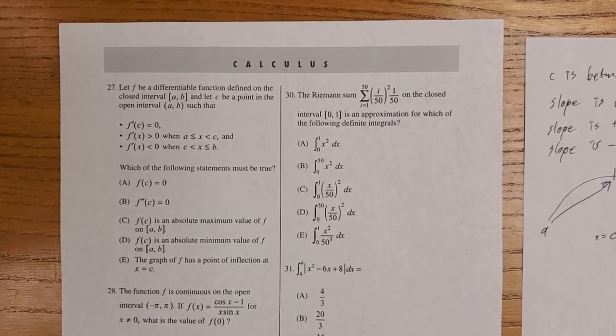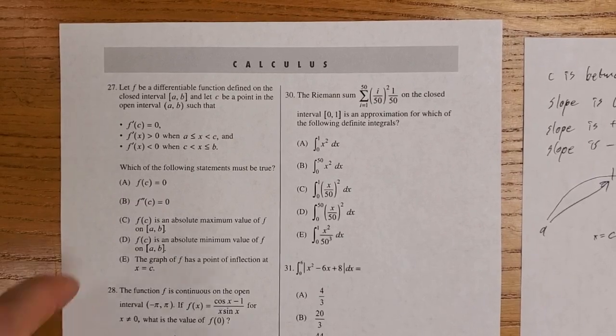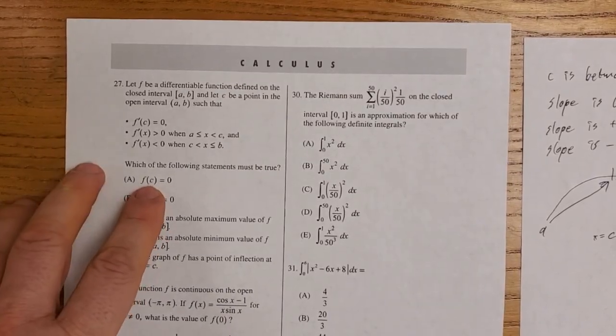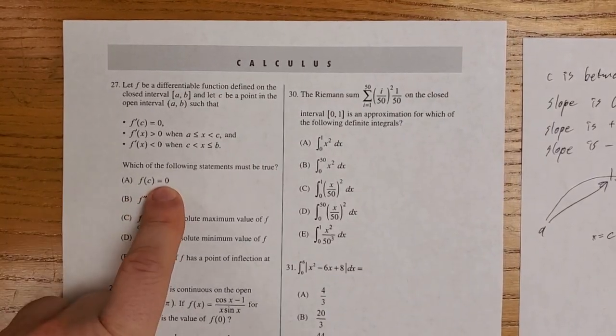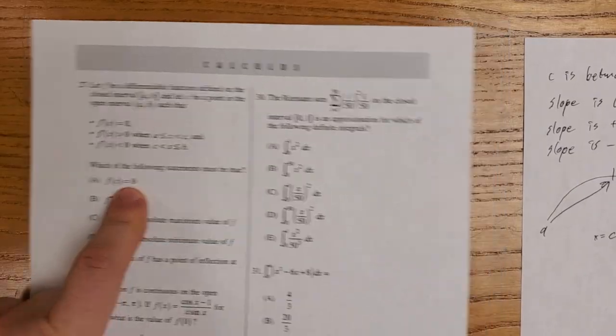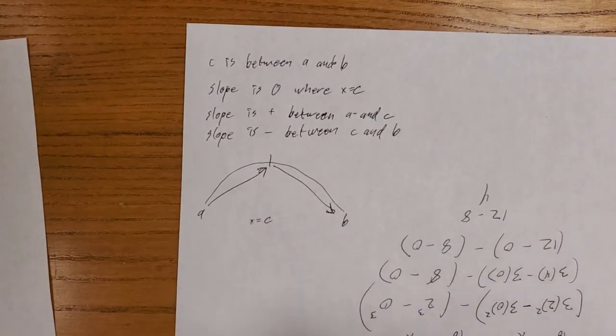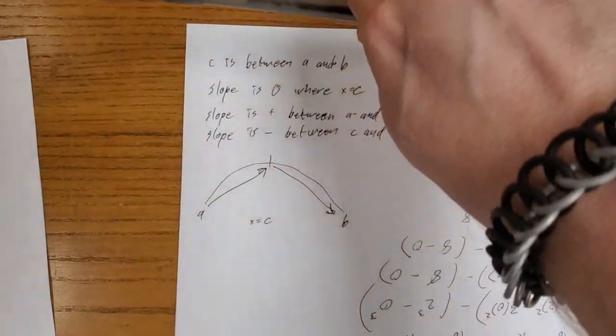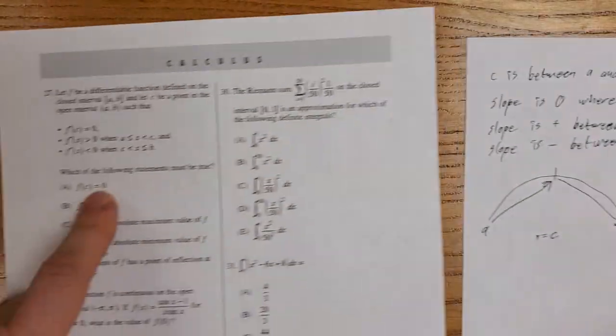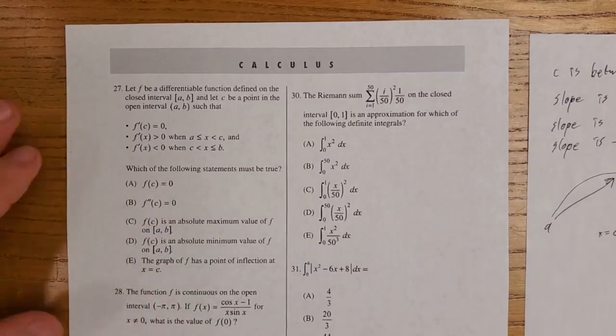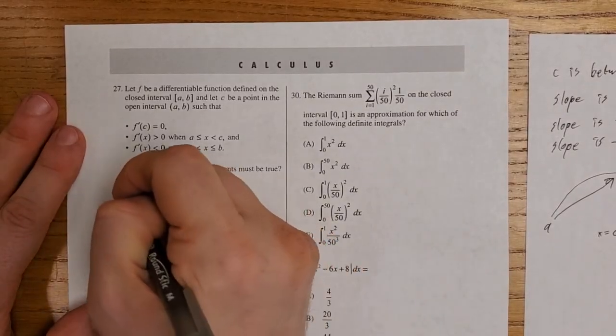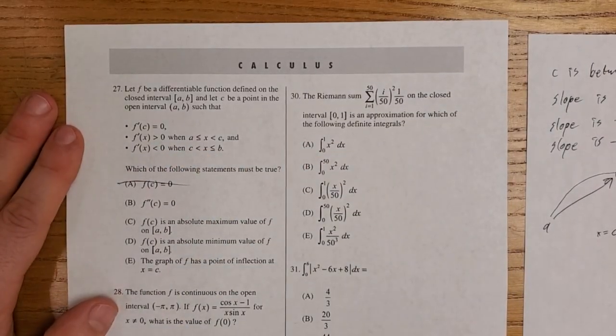So option A, it's positing that the function where x equals C is equal to 0. And we don't know that. We just know it's a maxima. We don't know how high or how far above or below the x-axis it is. We haven't been given that information, so we know it's not that.